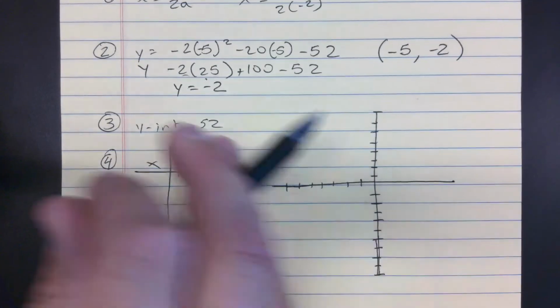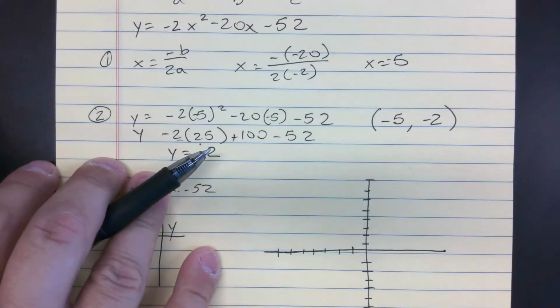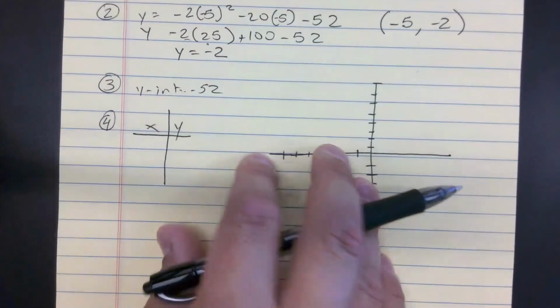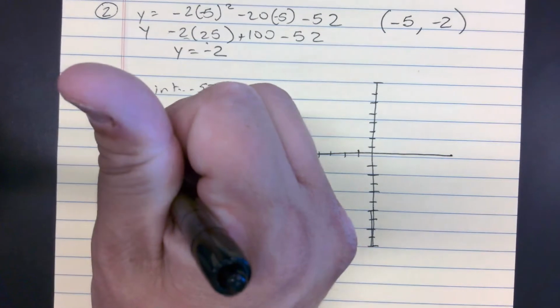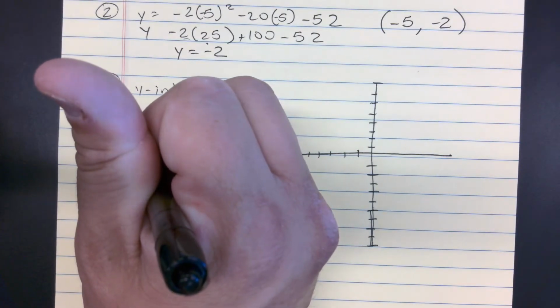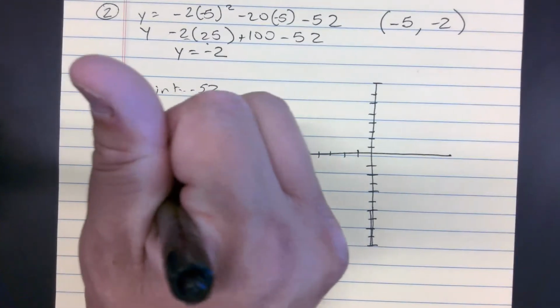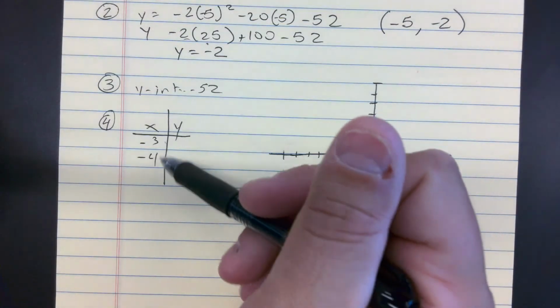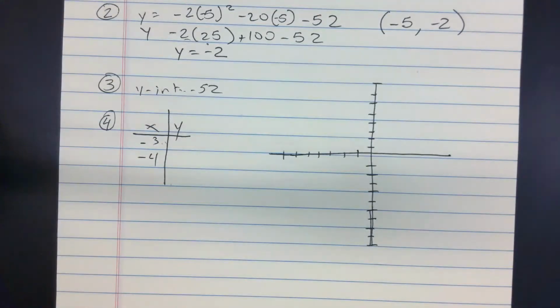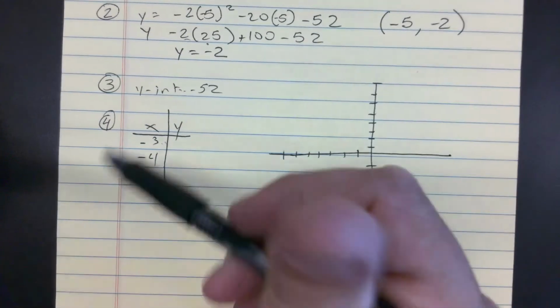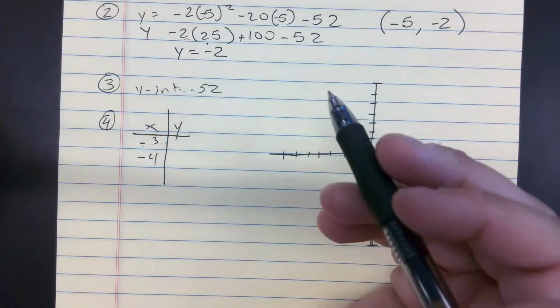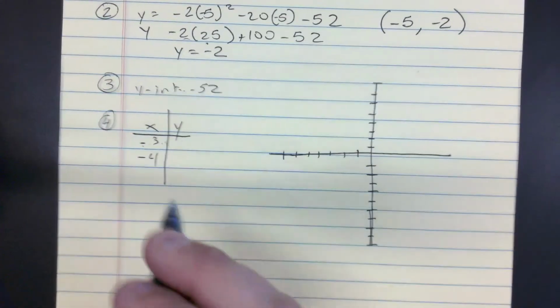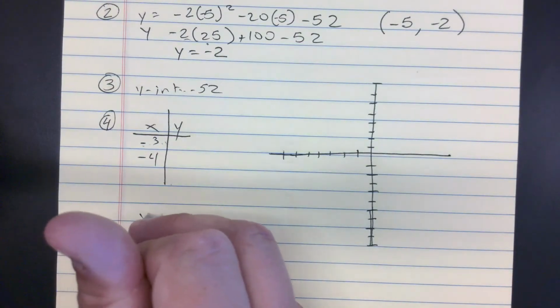Does it matter? Well, there's your line of symmetry. It's negative 5. How about negative 7? Or how about negative 3 and negative 4? You can use that. You could use Daxton's number. Does anyone know which one of these would match up to negative 7? Negative 3 would, because it's the same distance. Okay, so now we're going to plug both of those back in.